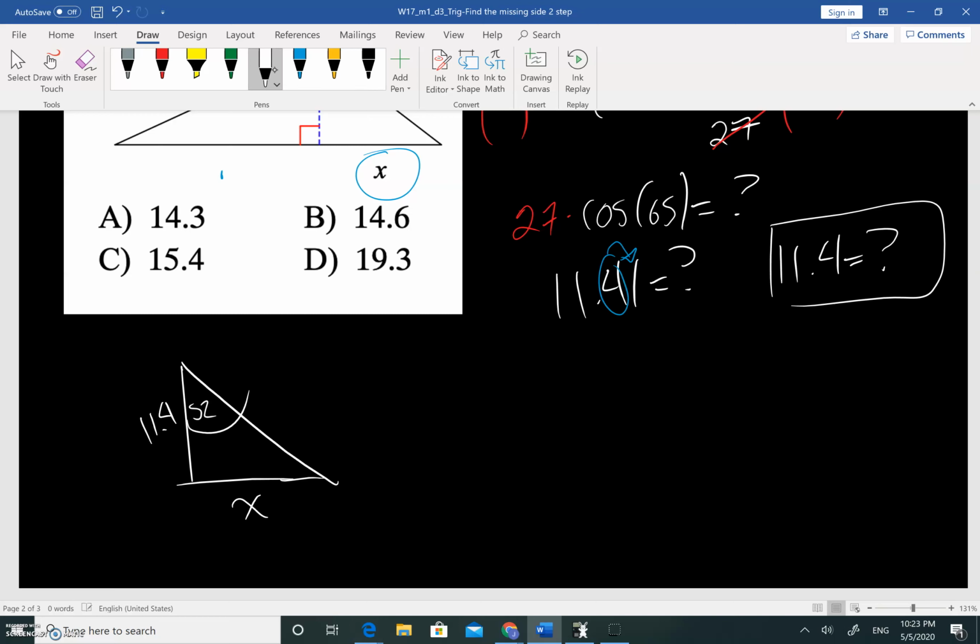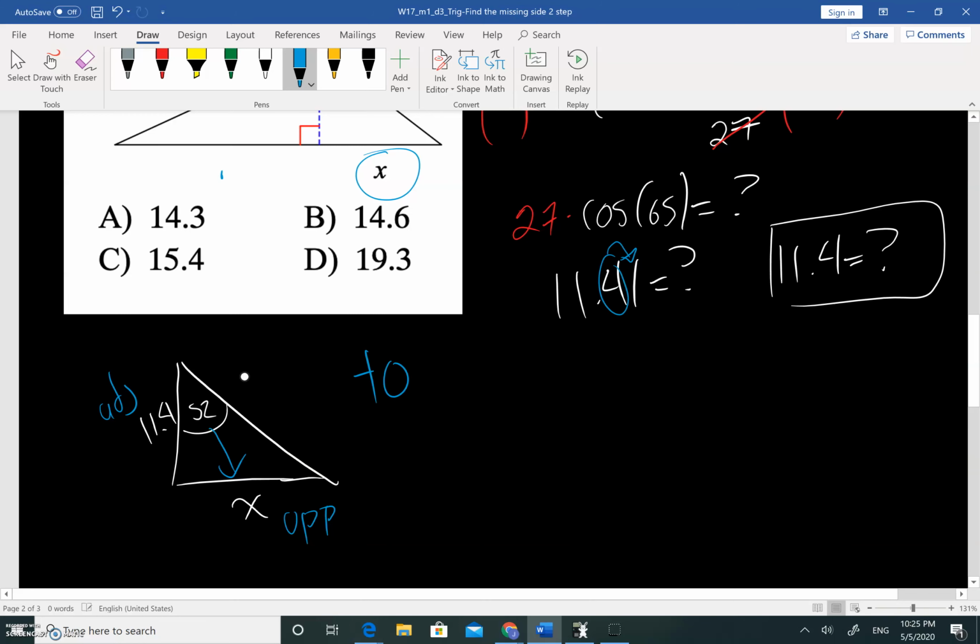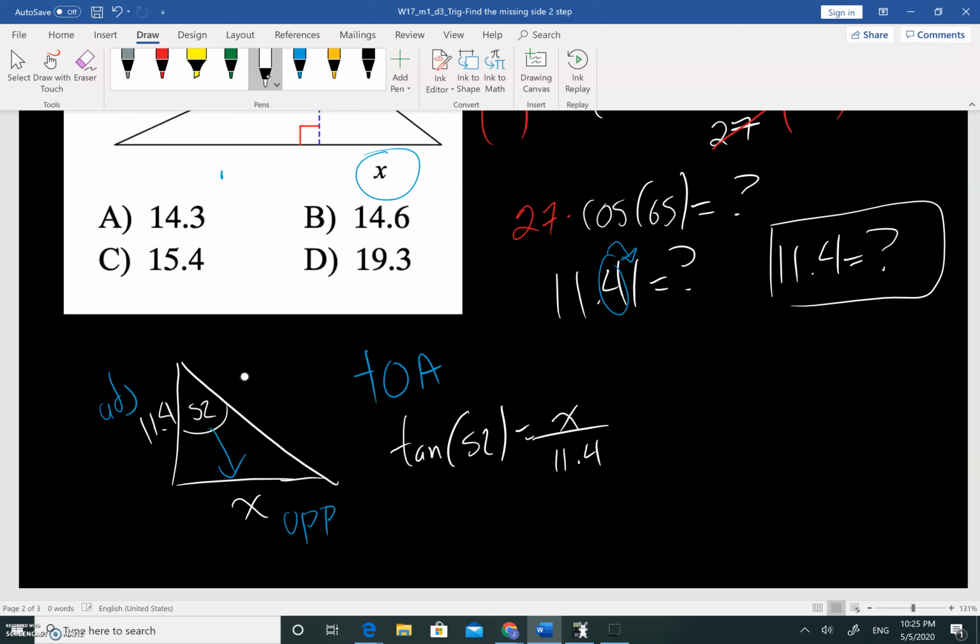So x is actually opposite to my 52 angle, and this is going to be adjacent, right? So this is adjacent to my angle. So we're working with tangent, because that's going to be TOA, right? Opposite and adjacent. So that's going to be tangent of 52 is equal to x over 11.4.